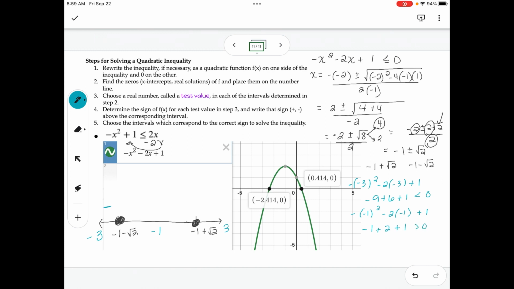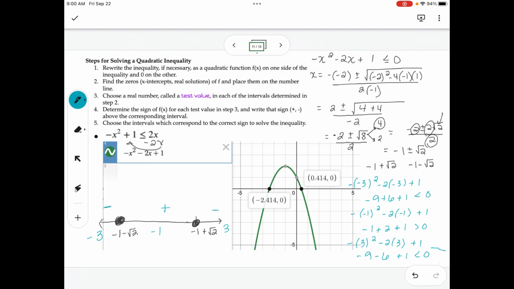Doesn't really matter what the number is, I just know I'm positive. And then if I try 3, -3 squared minus 2 times 3 plus 1 gives me -9 minus 6 plus 1, super negative. Doesn't matter what the value is, I just know I'm negative.